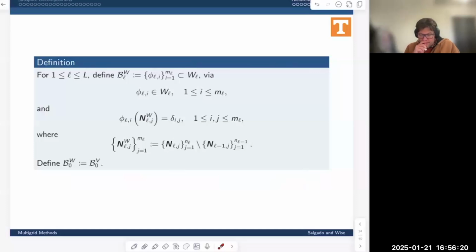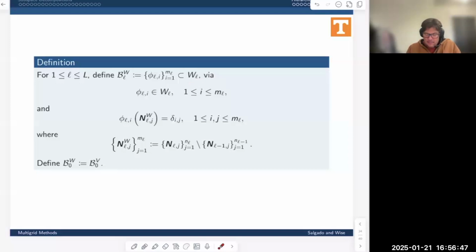Well, now I'm going to define something mathematically, which is entirely correct as far as I know. But a picture is worth 1,000 symbols in this case. So all this symbol vomit is easily replaced by a nice picture. But bear with me just a second. All right, so we argued that W_L was a space.